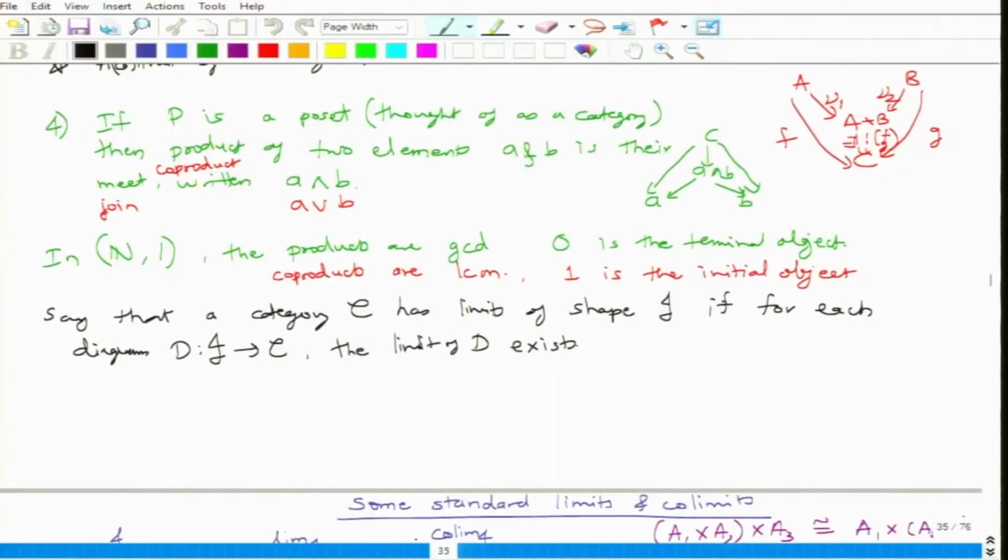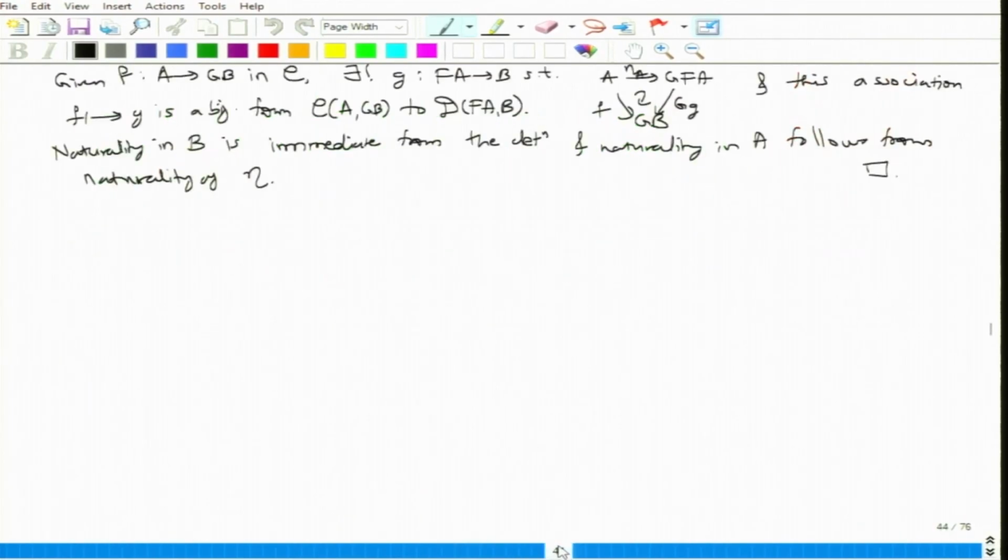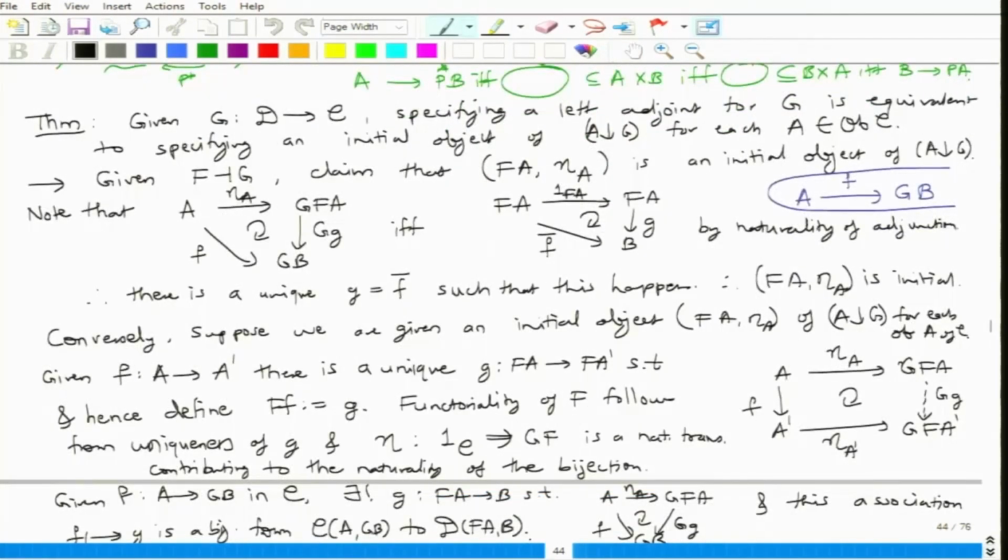We say that a category has co-limits of shape J if for each diagram the appropriate arrow category has an initial object. So you understand what's happening here? This theorem that we just proved, the existence of a left adjoint for a given functor, is similar to specifying an initial object. What does that tell us?